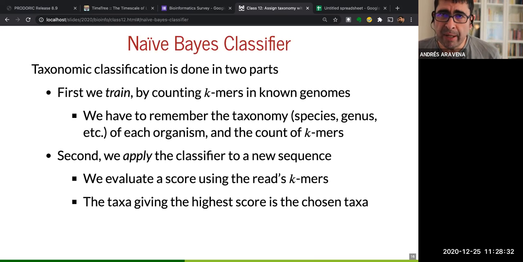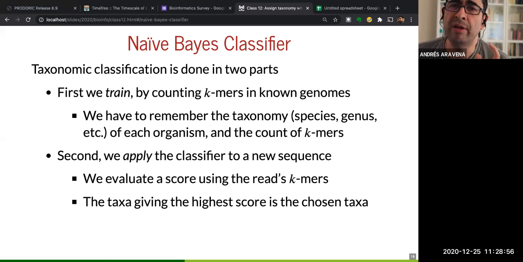And in the second part, like in all these classifiers, you apply this training set to a new object. This is the R that I said. So you get a read, and you apply the classifier, you get a score for every taxonomy given the read that you got. What is the score for the taxonomy?